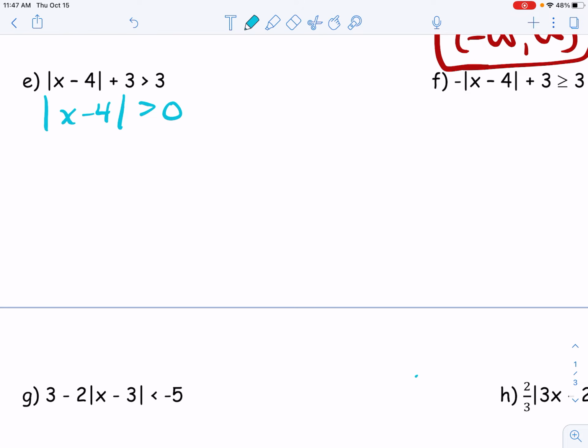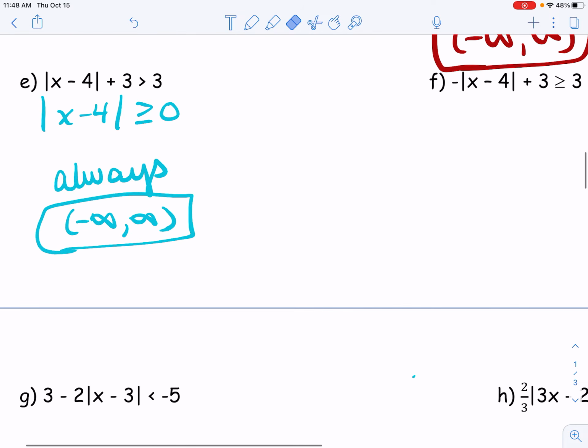And the reason why I say pretty much always true is because the property says that an absolute value of anything is always greater than or equal to 0. And so we're missing that equal to symbol there. If the equal to symbol would have been there, this would have been an always and we're done, right? Final answer. But it's not there.